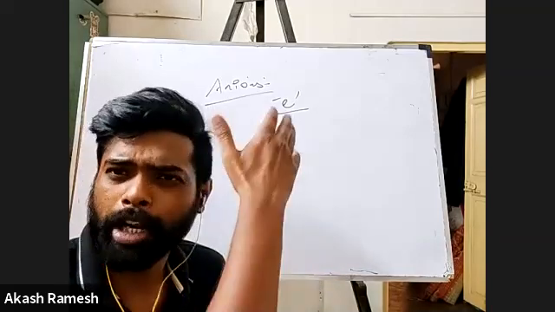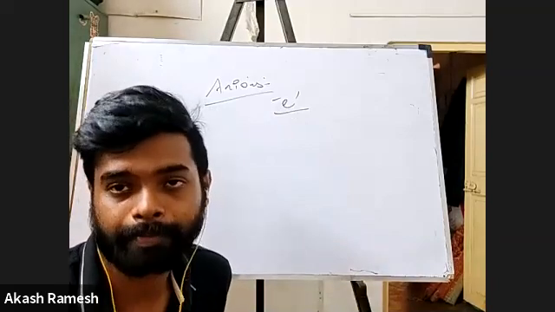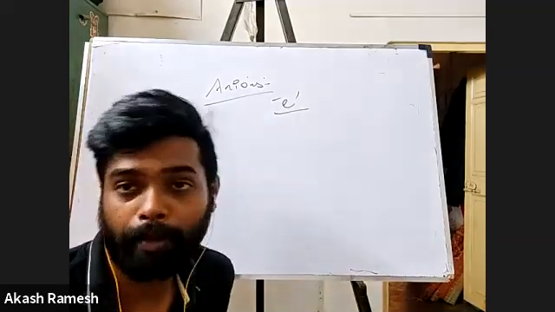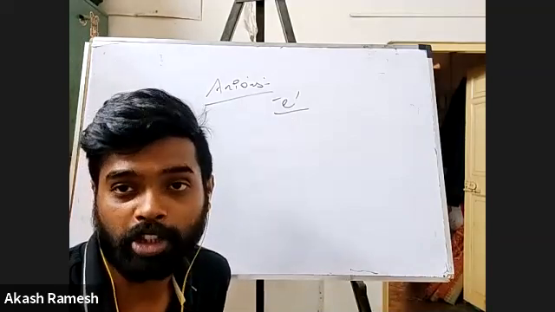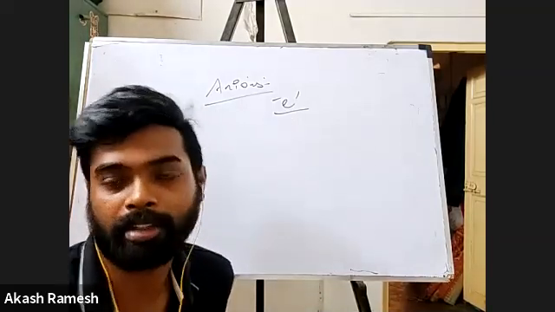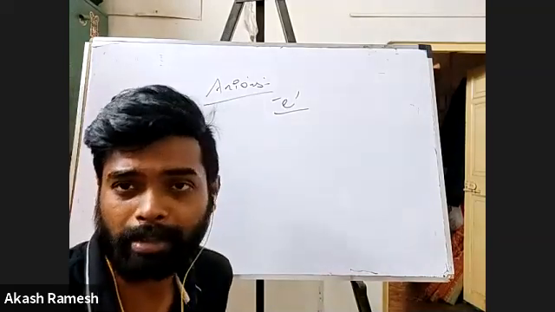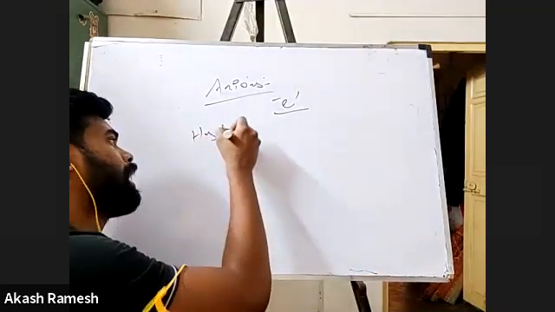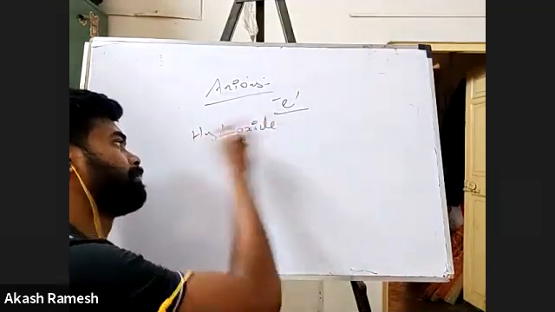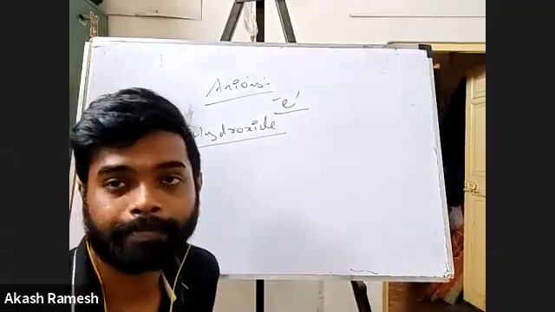Now there are going to be so many anions you're going to see, and you have to remember all of them. But again, I'll give you some tricks to remember, don't worry. But at the end of the day, all things have to be remembered for you to write the formulas. That's what I'm telling. Okay, fine. So we'll start with something very simple. The first one is hydroxide anion.